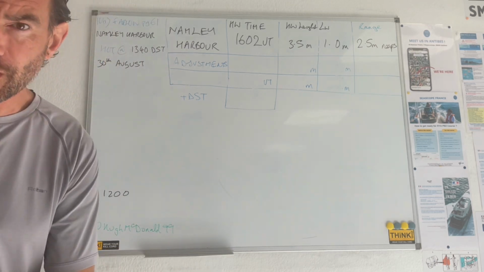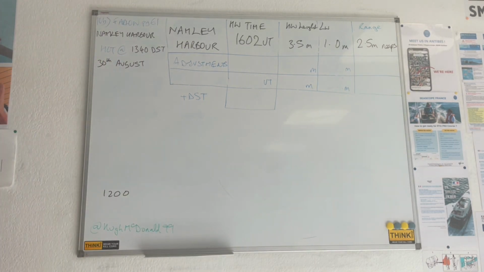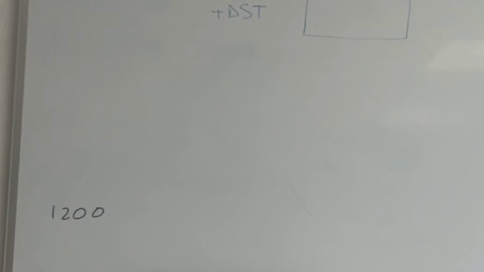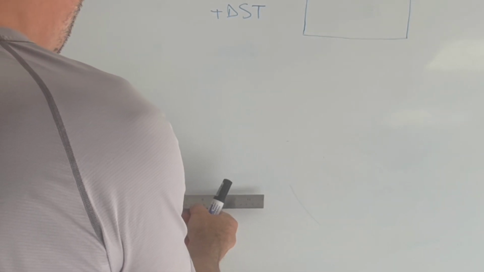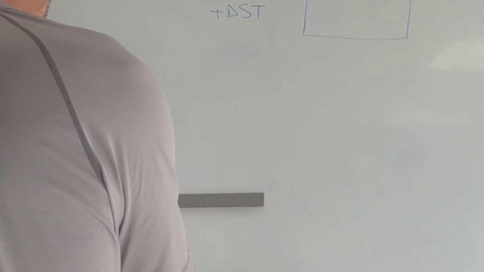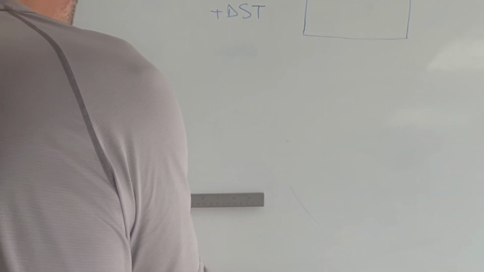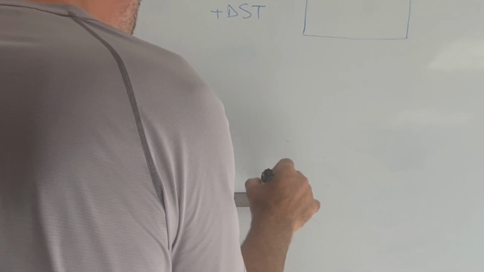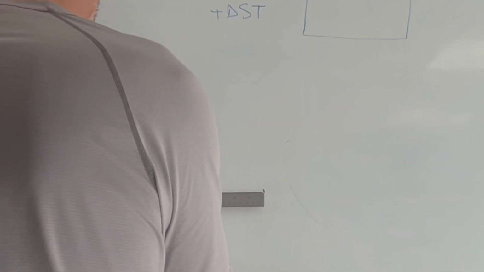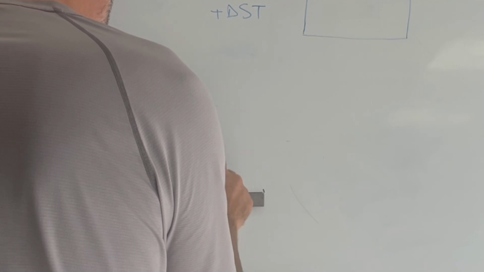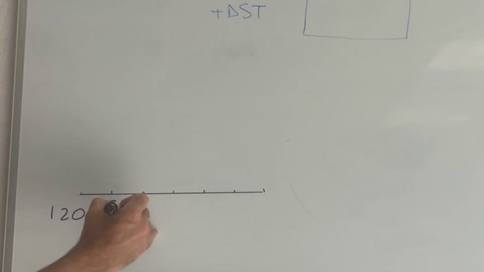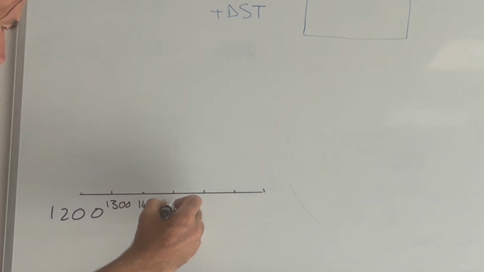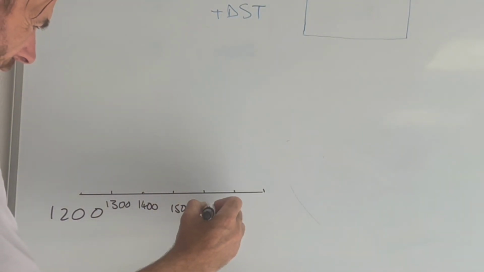Now I'm not going to take a shortcut like I did on the last video. I'm not going to make you do something I wouldn't, so I'm going to measure out accurately. I want 6 of these, so if I use a 12-inch ruler here, I can mark off my hours with 2-inch sections, so that's 1300, 1400, 1500, and so on.